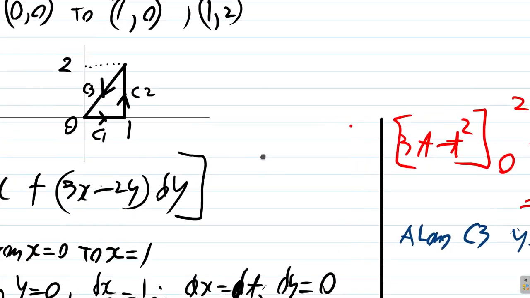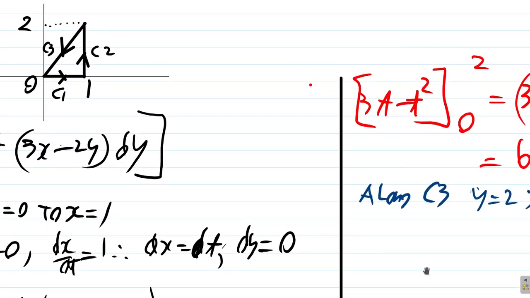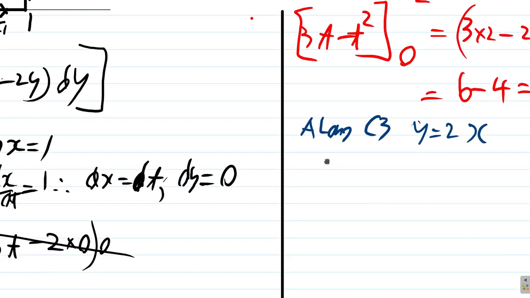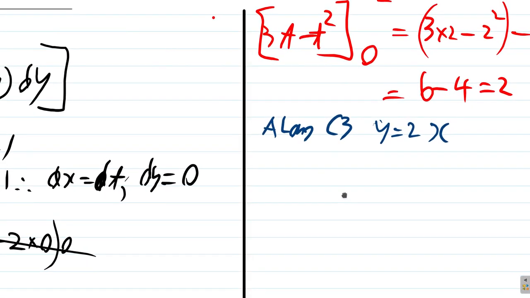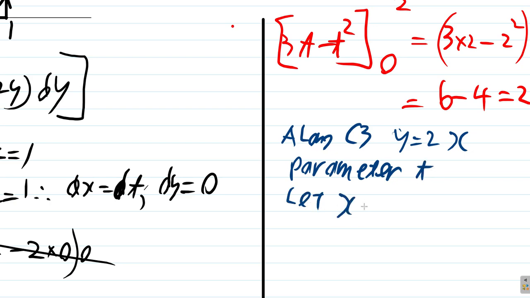Now, as I said before, you could write everything in terms of x alone, dx, or y alone, dy. But I want you to get accustomed to using a parameter. Parameter t. Let x be equal to t, so that y is equal to 2t.